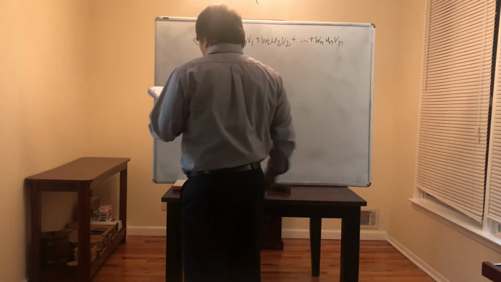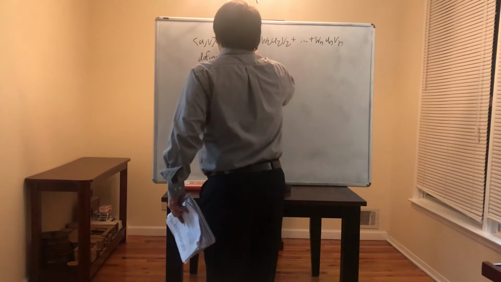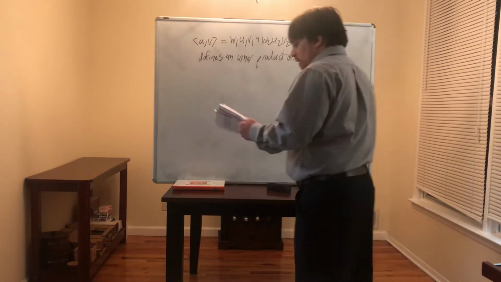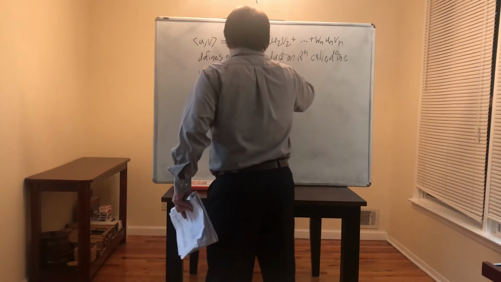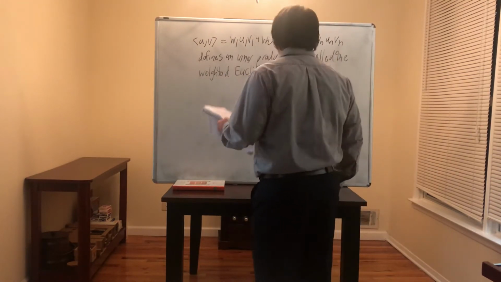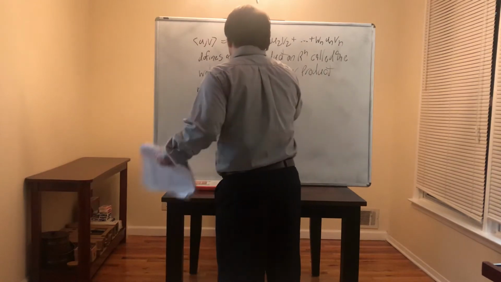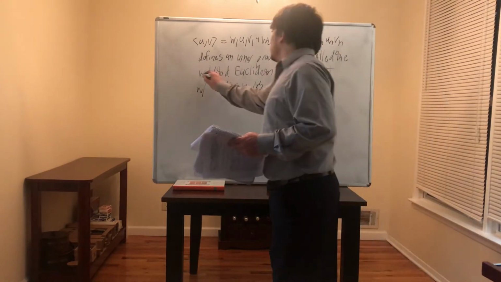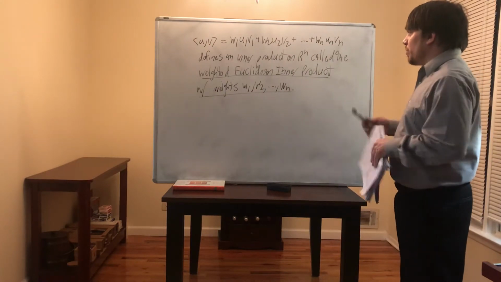So that function defines an inner product on Rn called the weighted Euclidean inner product with weights W1, W2, ..., Wn.